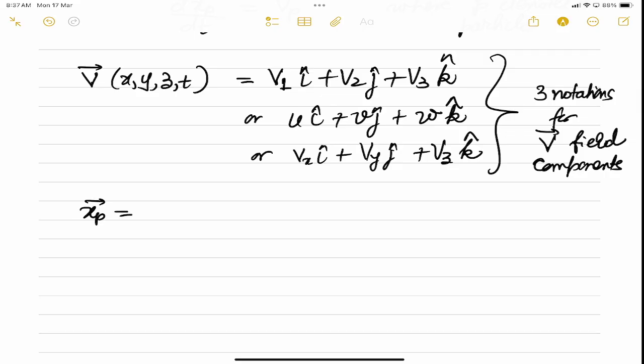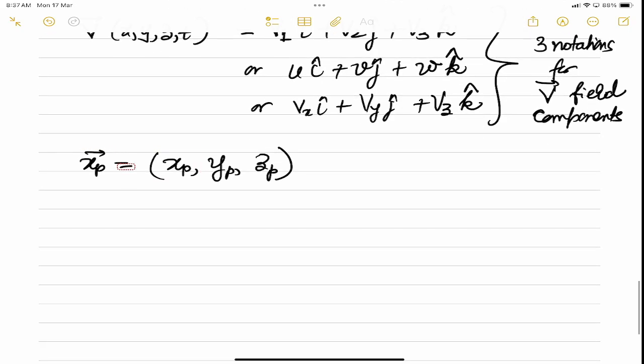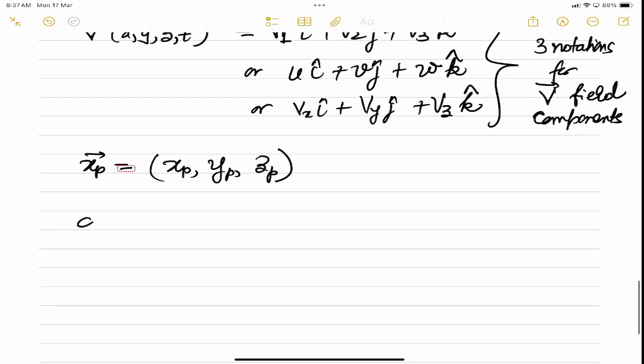Now, the vector xp, let me write it as dxp by dt. This is the velocity of the particle which happens to be at x, y, z at time t.